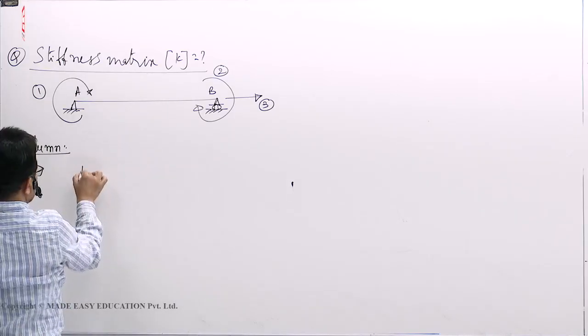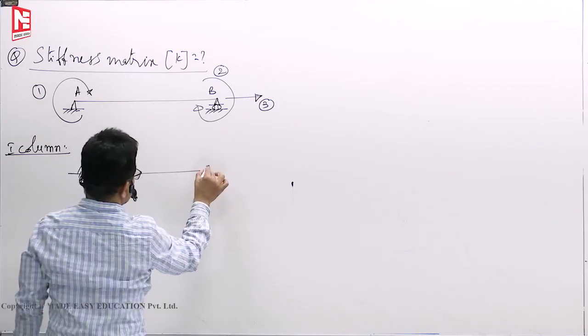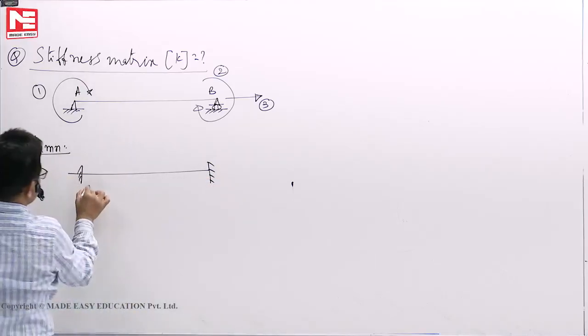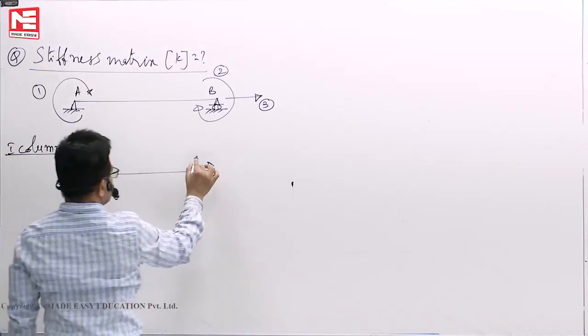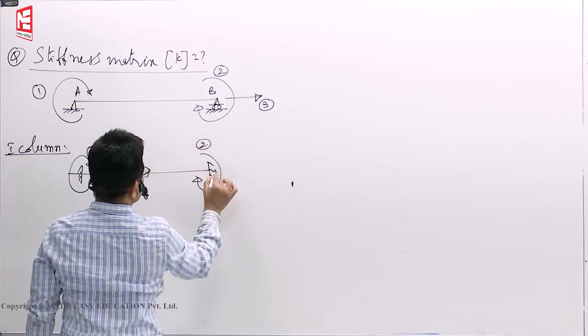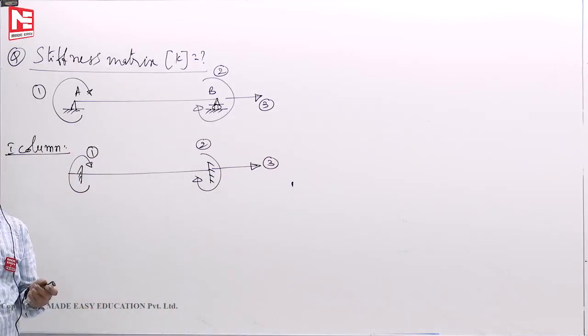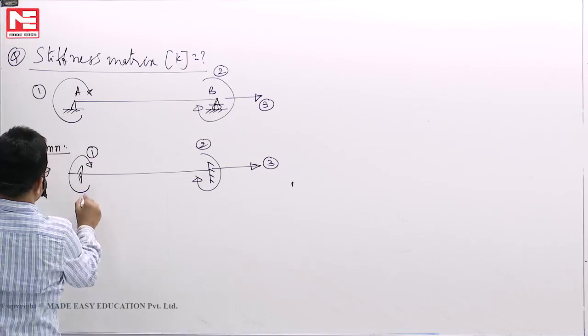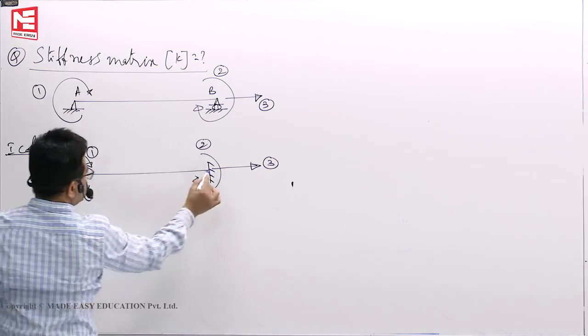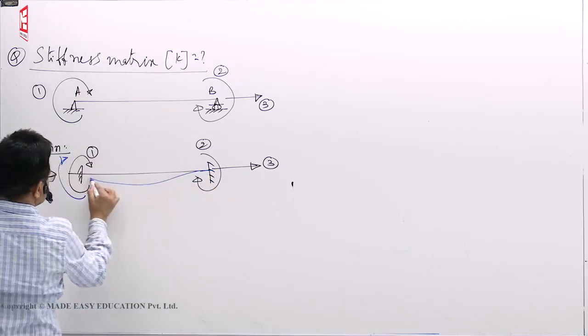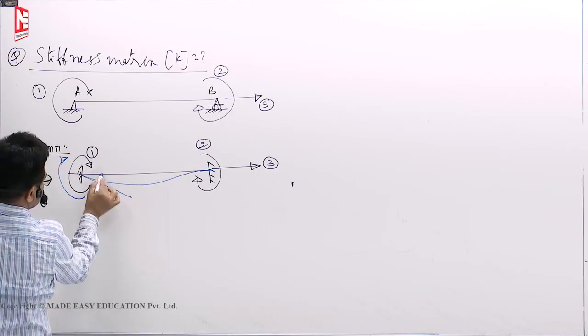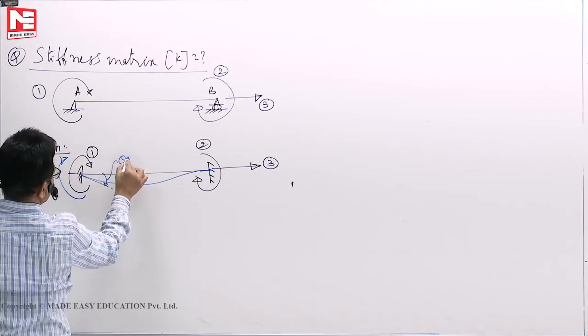fix all the coordinates. This is the symbolic representation of fixing all the coordinates 1, 2, 3. Now apply unit displacement at coordinate 1. How will it deflect? Like this. This is theta equal to 1.